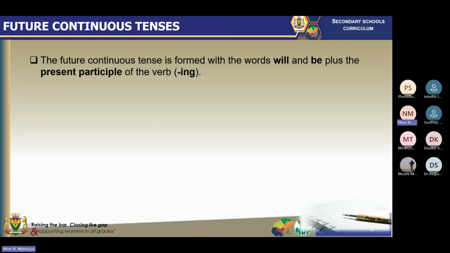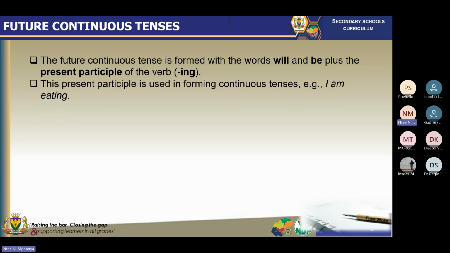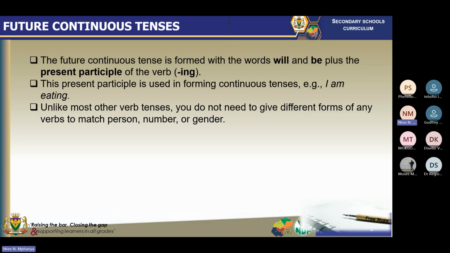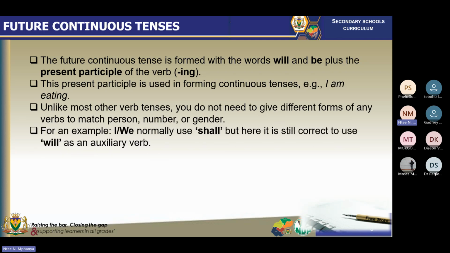As I've already mentioned, future continuous tense is formed with the words will and be plus the present participle of the verb. This present participle is used in forming continuous tenses. When we say continuous, we mean the action keeps on going on. Unlike most other verb tenses, you don't need to give different forms of any verbs to match person, number, or gender.